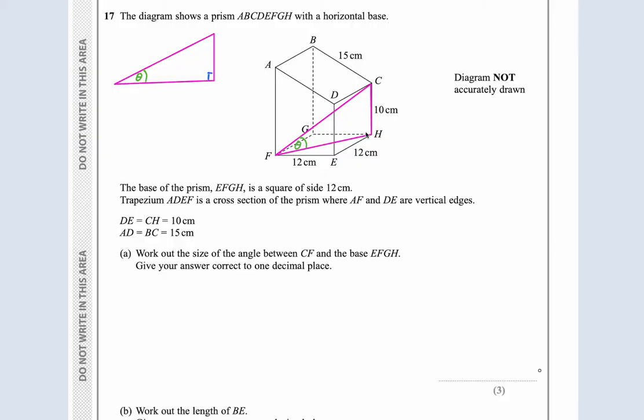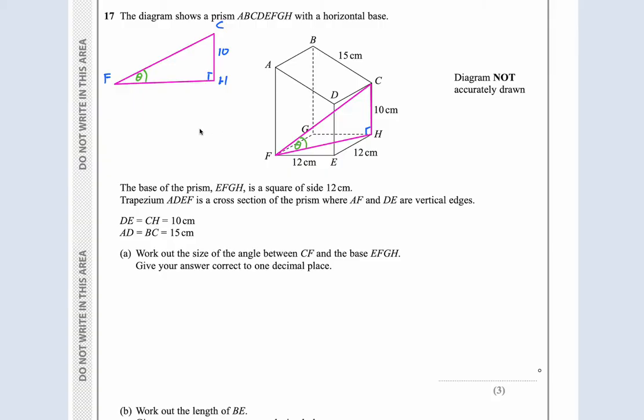It's a right angle because this is drawn in 3D. Okay, I have this length 10. So this is C, H, F. I have 10, but I need another length.